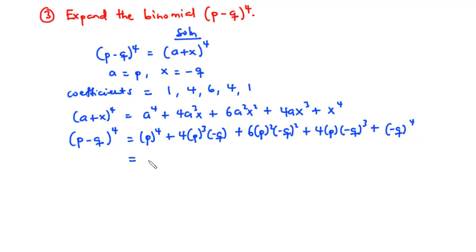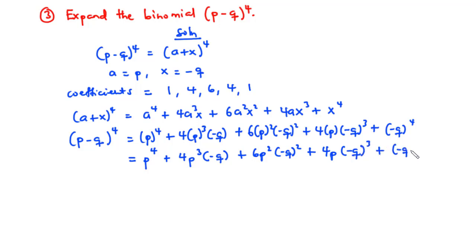Now let's simplify. We have p exponent 4 plus 4p cubed times negative q plus 6p squared times negative q squared plus 4p times negative q cubed plus negative q exponent 4.